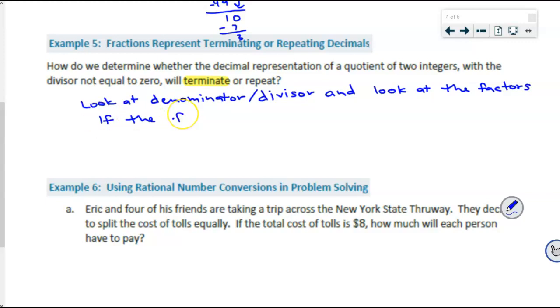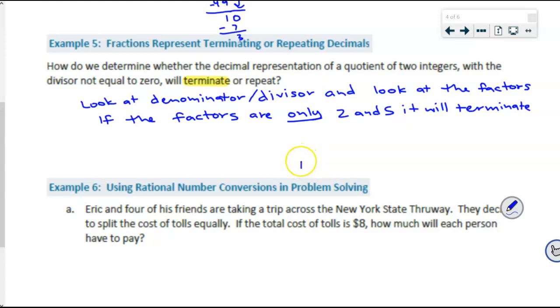But not just if it has 2 as a factor, and not just if it has 5 as a factor, but if it only has 2s and 5s as factors. If the factors are only 2 and 5, it will terminate.